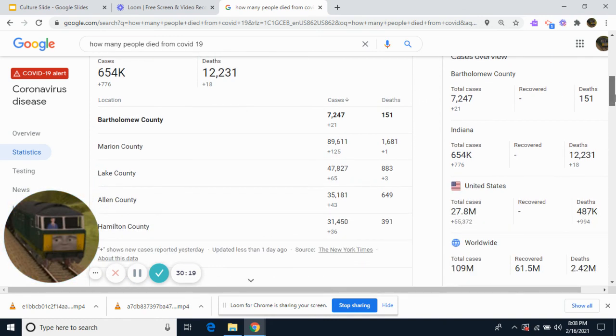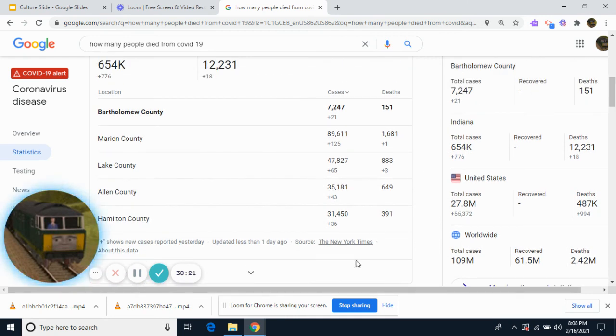The United States has 27.8 million cases, and there are 55,372 new cases, and deaths are at 4,487K, which is 994 plus.